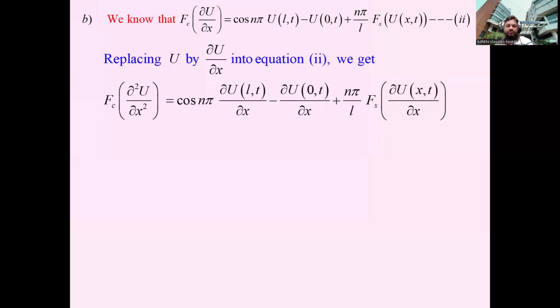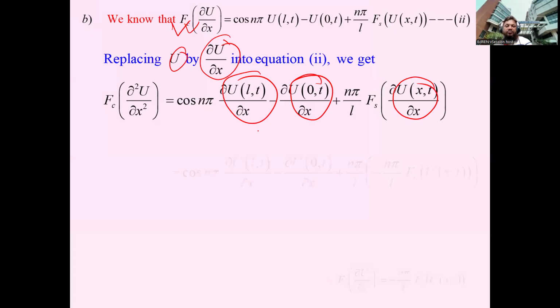So similarly, we can find the Fourier cosine transform. Okay. So del square u del x square. In this case, already we have known this formula, in the previous slide I have shown. So u can be replaced by del u del x. That's why Fc of del square u del x square can be written as cos n pi. U is replaced by del u del x, and this is del u del x.